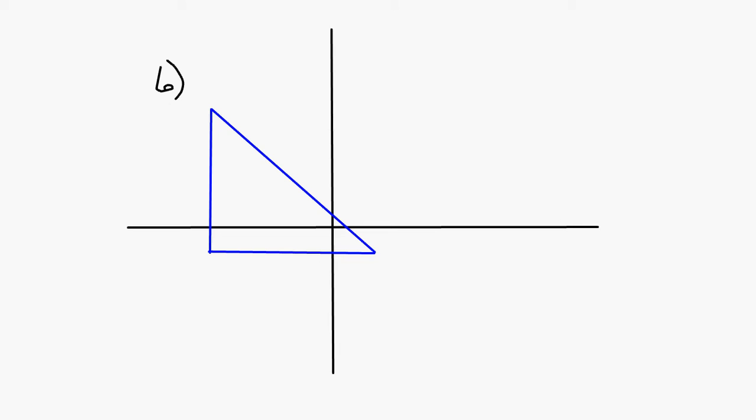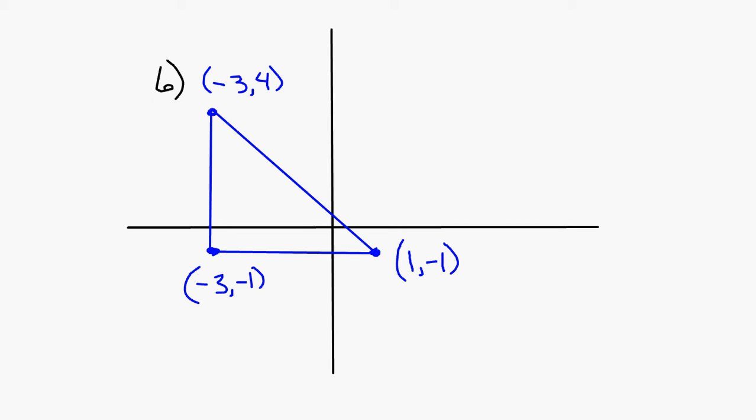This is at -3 and 4. This down here is at -3, -1. These are the coordinates of the vertices. And this vertex is at 1, -1. You're asked to find the circumcenter. The circumcenter is the point of concurrency of the perpendicular bisectors.